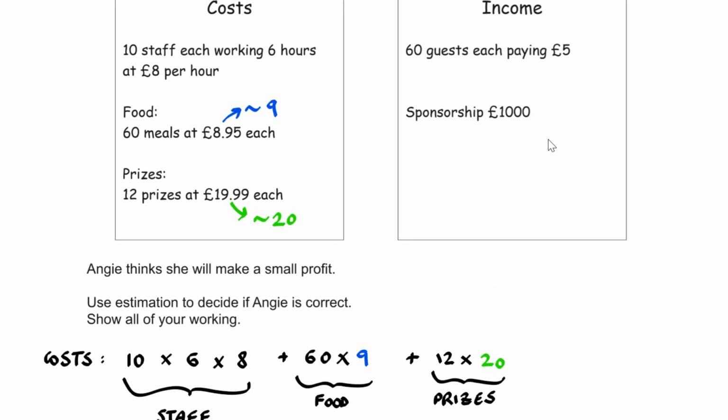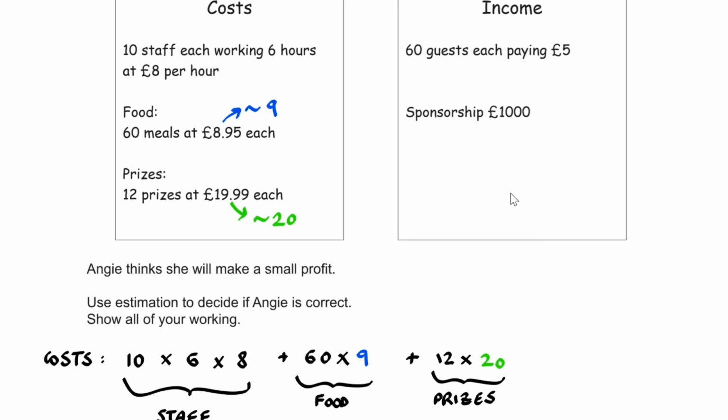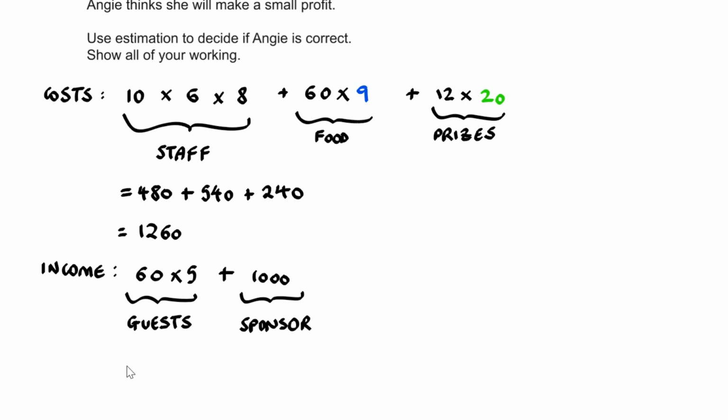And for the income, we have 60 guests paying £5 each, so we've got 60 times by 5 plus the sponsorship. So here, this is for the amount the guests are paying, and here we've got the sponsorship. So if we work this out, we've got 300 plus 1,000, which is 1,300.